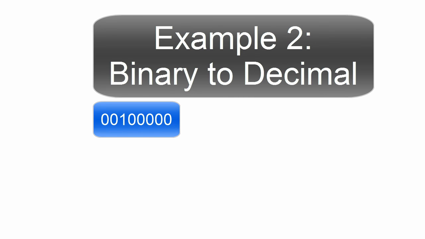For the second example, I'm going to give you the binary and we're going to convert it to the decimal. So I'm going to give you 0, 0, 1, 0, 0, 0, 0, 0.